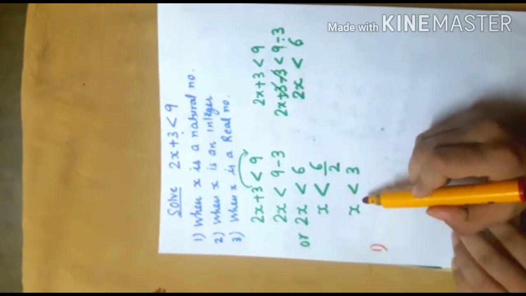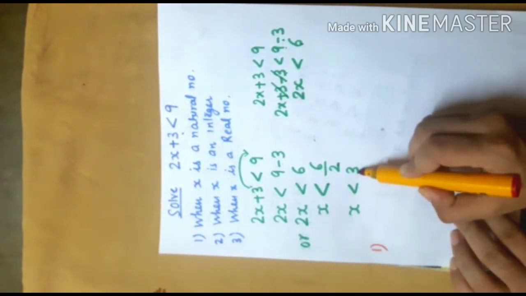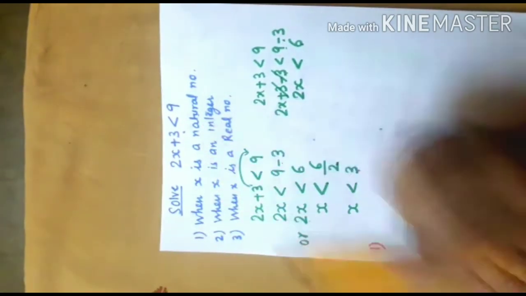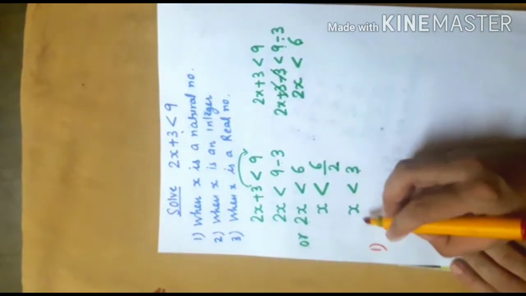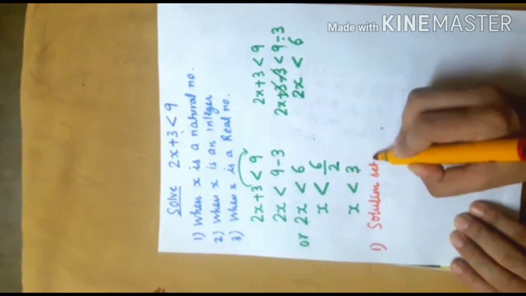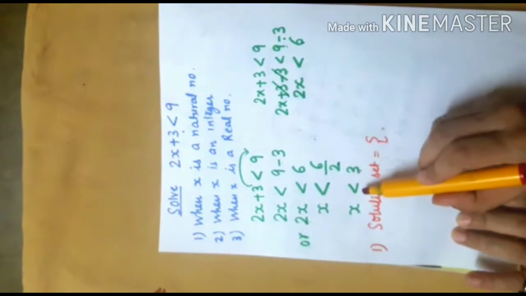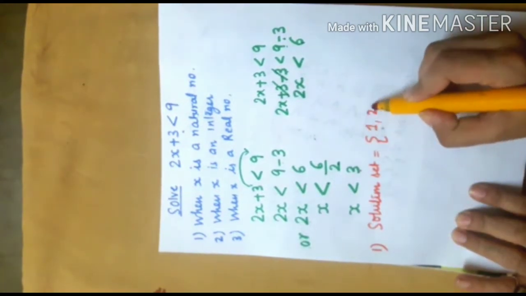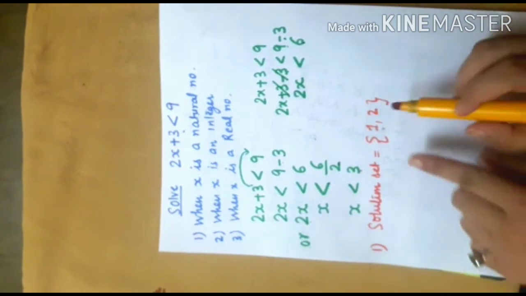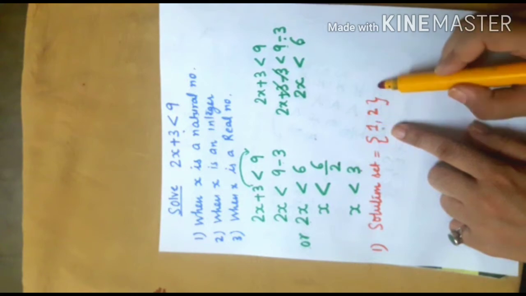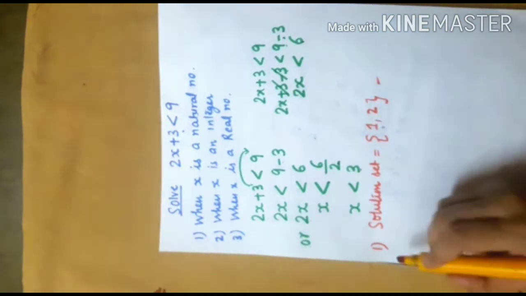Yes. So we have obtained x is less than 3. Now case 1, when x is a natural number. Then the solution set will be the natural numbers less than 3, 1 and 2. So in this case, the solution set will be the set consisting of elements 1 and 2.